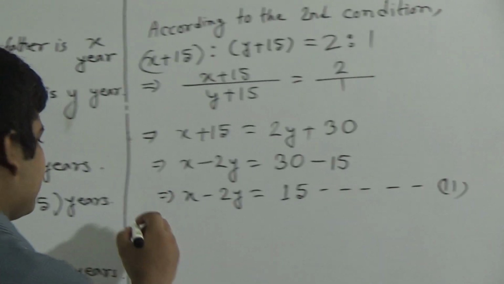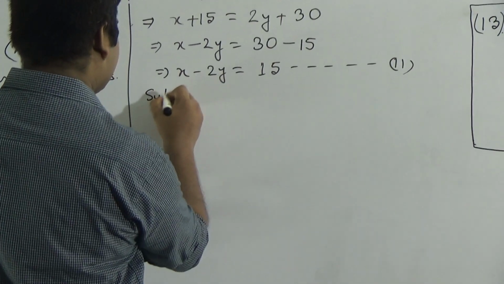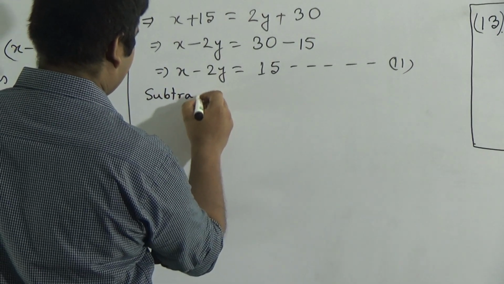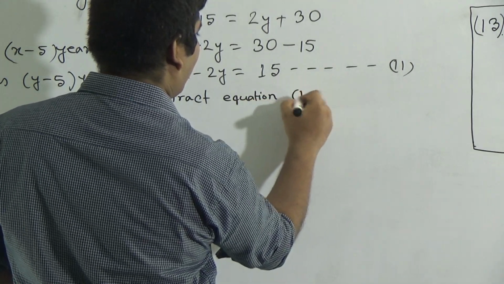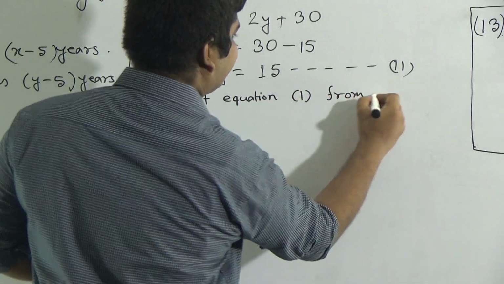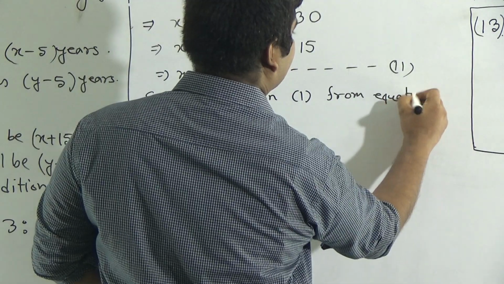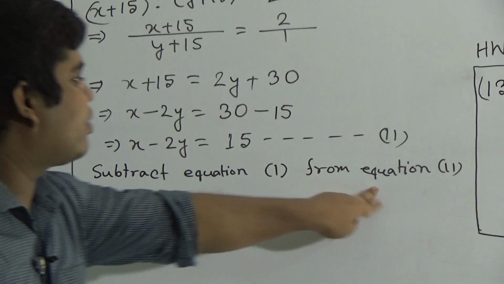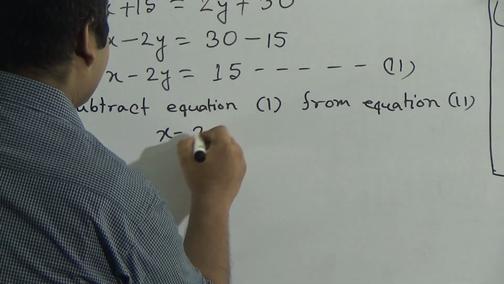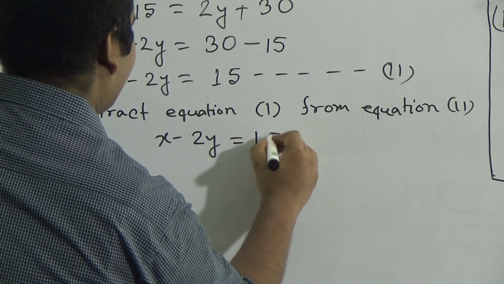So, now we write subtract equation 1 from equation 2. Subtract equation 1 from equation 2. So, first of all we write equation 2, x minus twice y equal to 15.